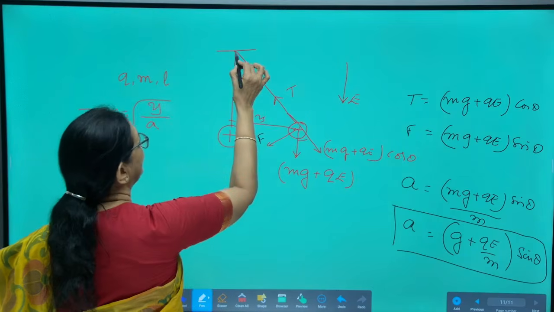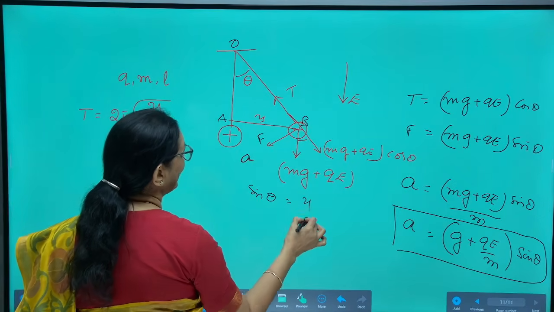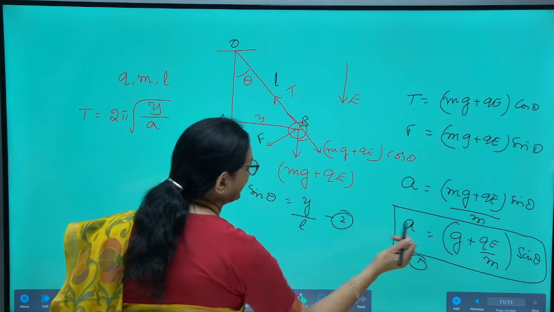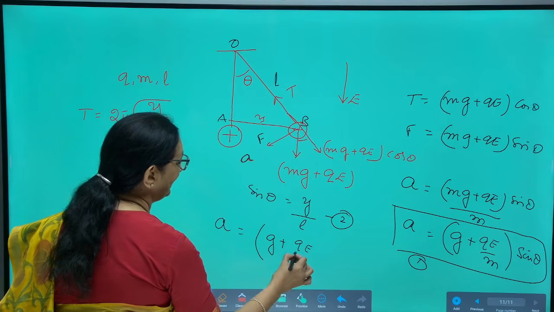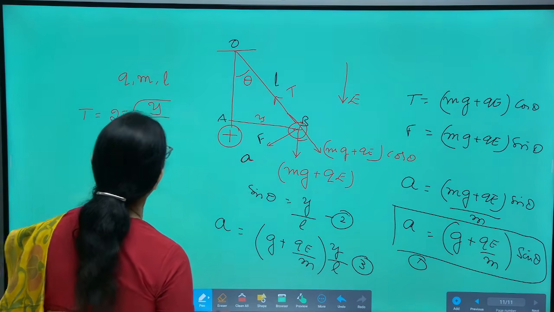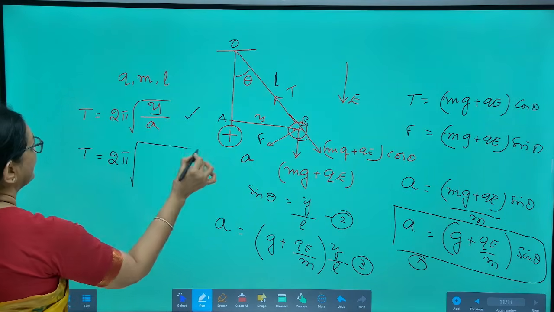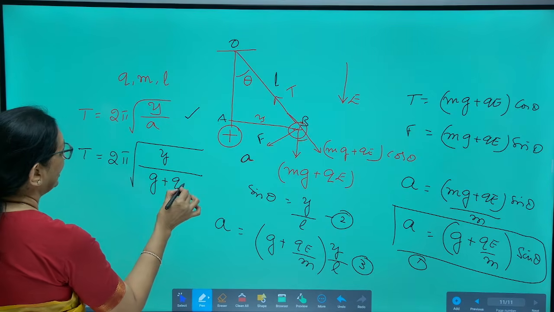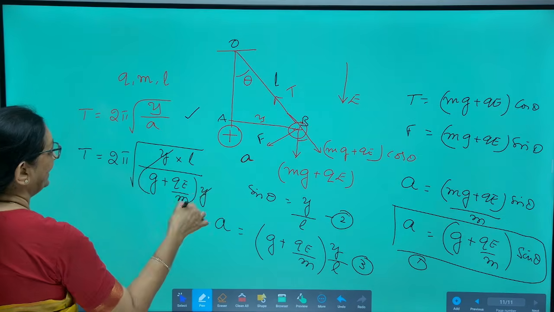But sin theta from this triangle OAB, sin theta is equal to opposite side by hypotenuse, that is y by L. Substituting this in the expression for acceleration, acceleration is g plus QE by m into sin theta, which is y by L. Take this as equation 3, substitute that here, you get the time period of oscillation as 2 pi square root of y by a, that is g plus QE by m into y by L. So, y and y get cancelled.